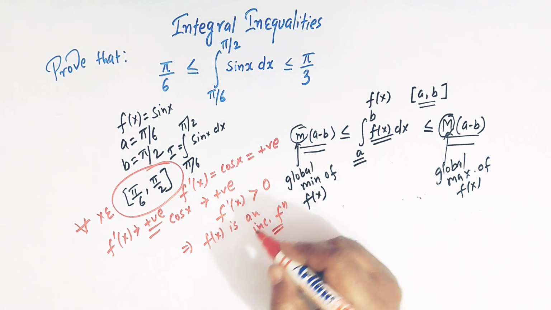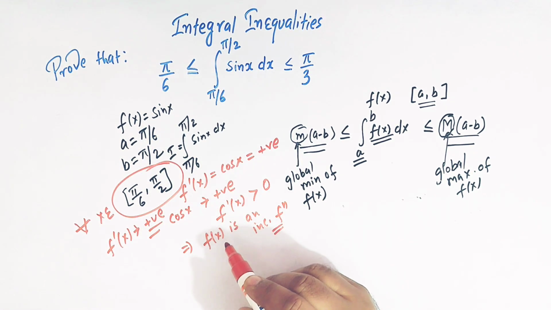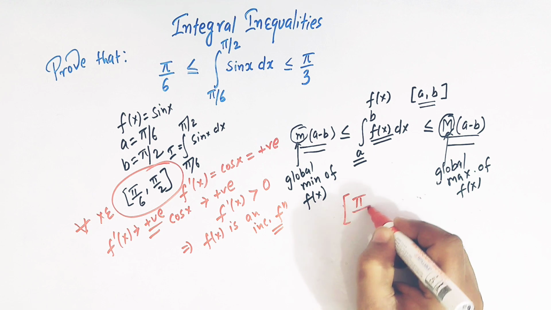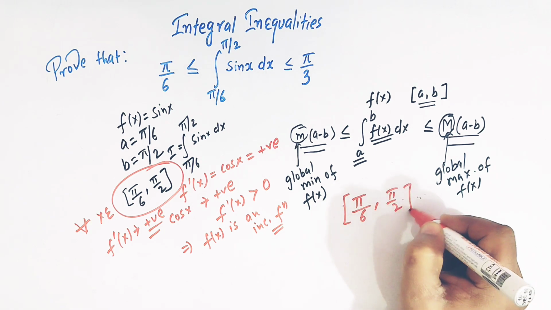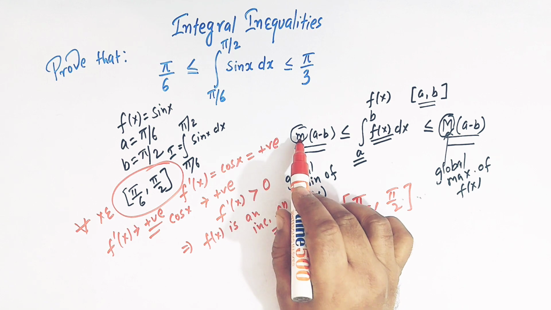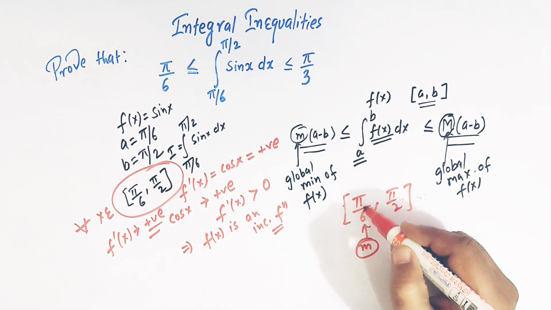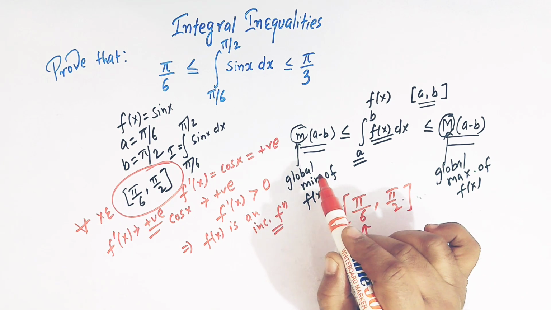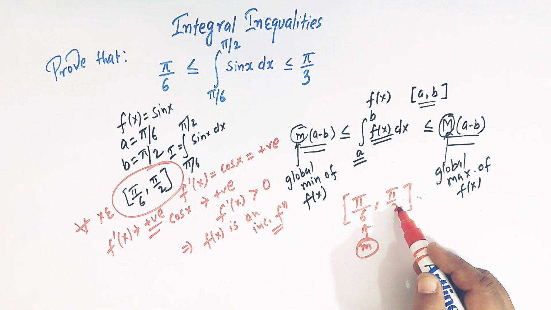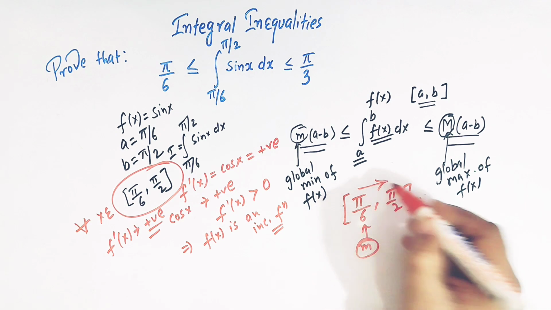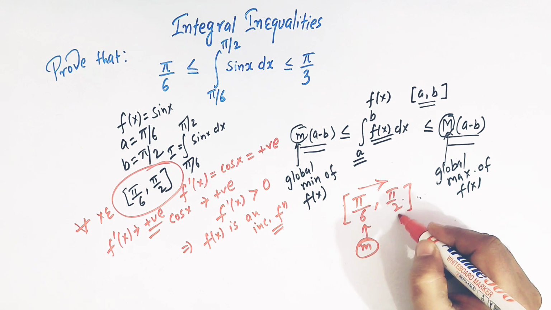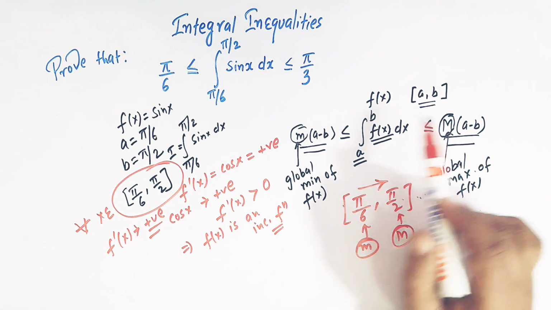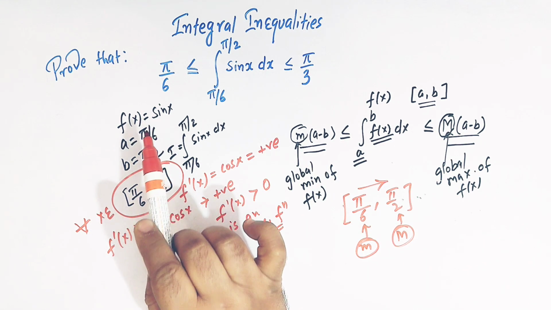Once we have shown that this function is increasing in this interval, it implies that pi by 6 gives us the value of small m, the global or absolute minimum value of sine x in this interval, and pi by 2 gives us the value of capital M, because the function is increasing.